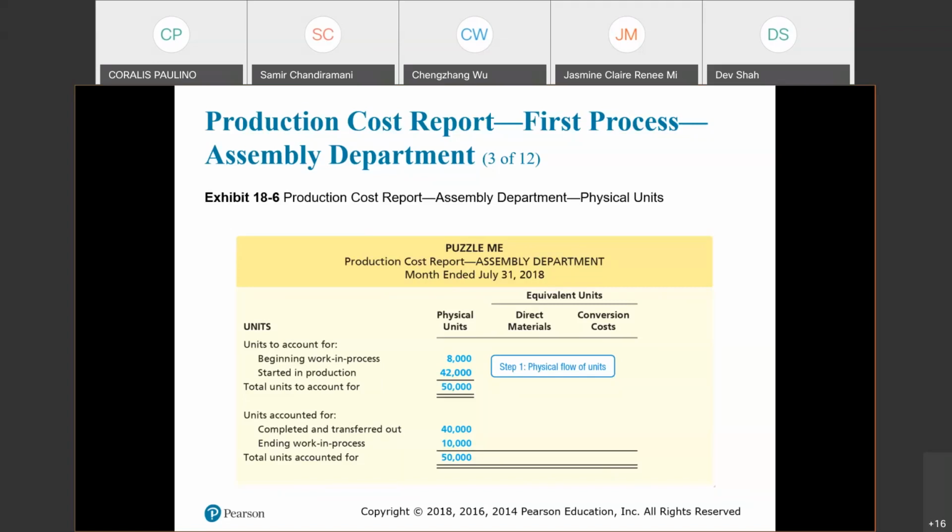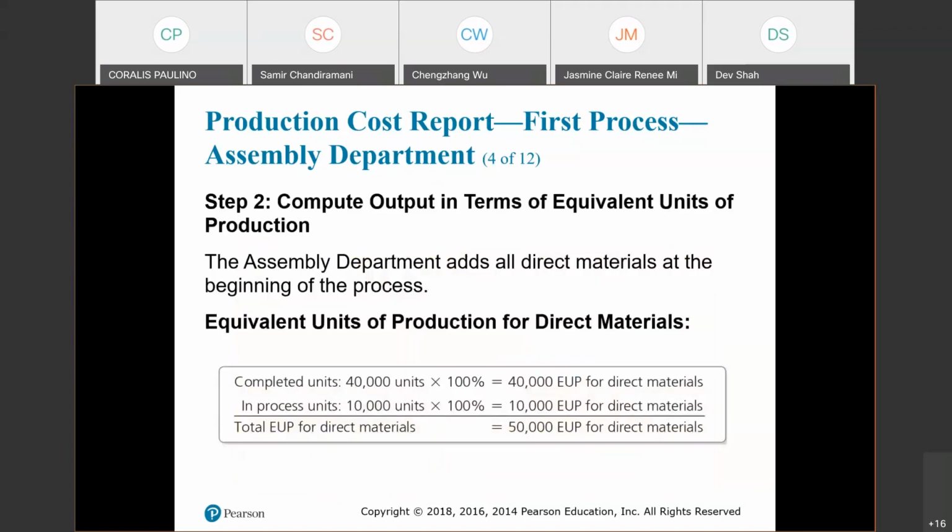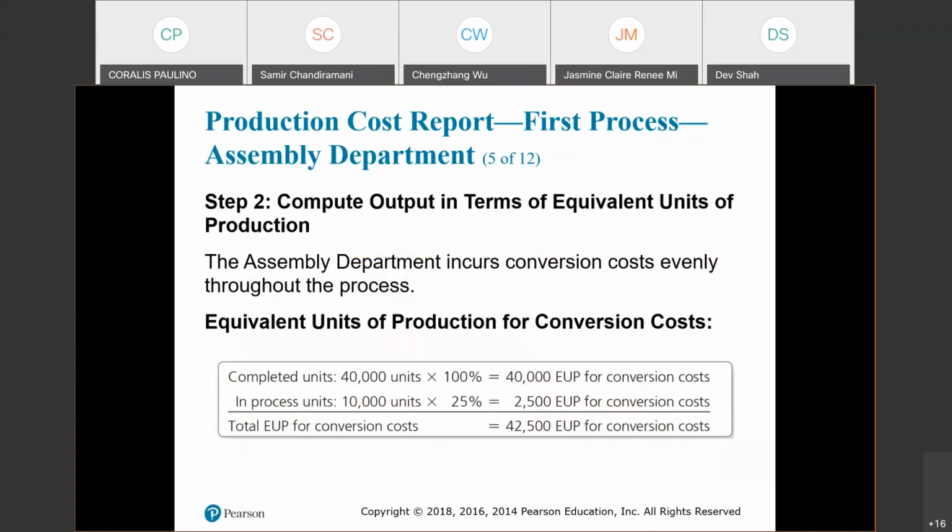And for the conversion costs, which were evenly added throughout the process, we assume that this part of cost could be 25% to the equivalent units of production.